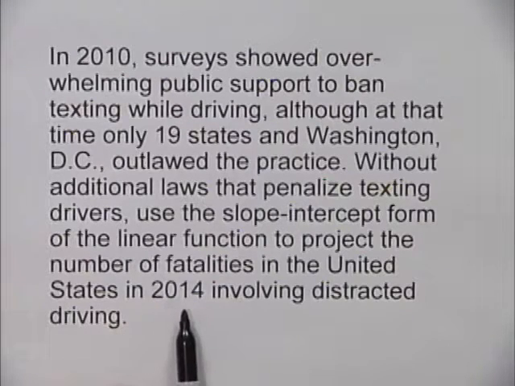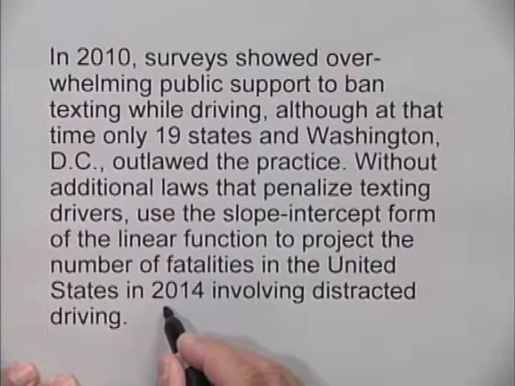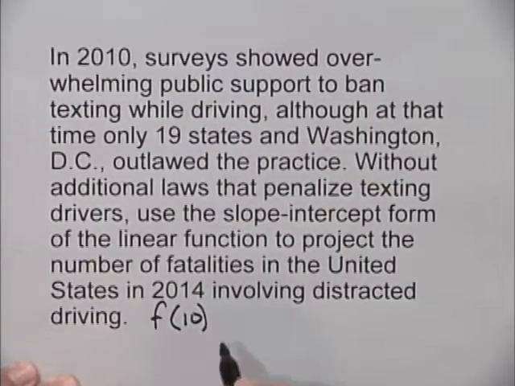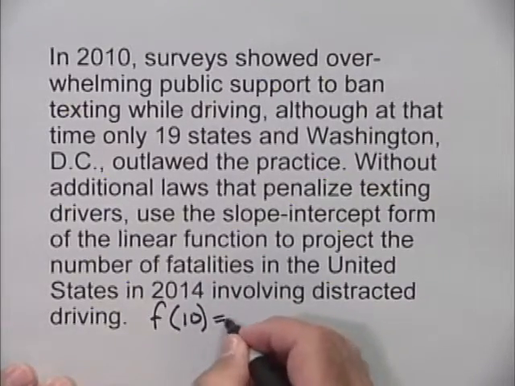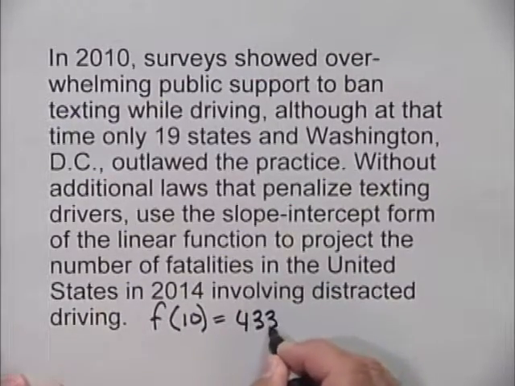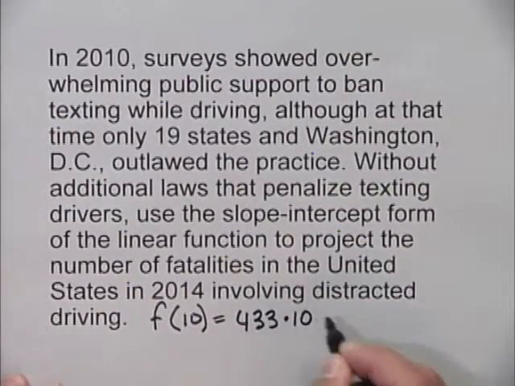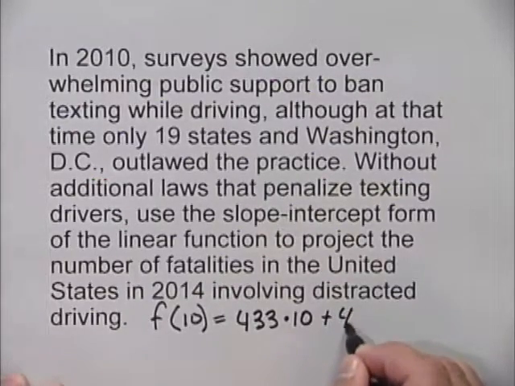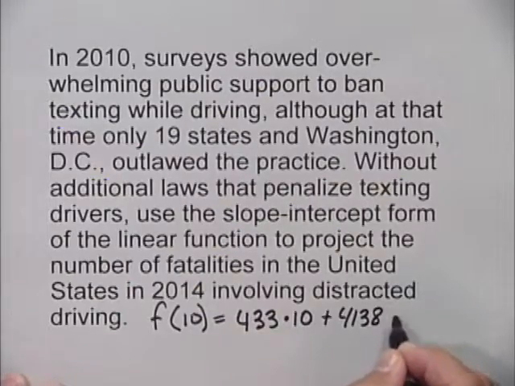Well, remember, the x refers to the number of years after 2004. So 2014 would be 10 years after 2004. So we want to evaluate f of 10. f of 10 will be equal to 433 times x, so that's times 10, plus 4,138.